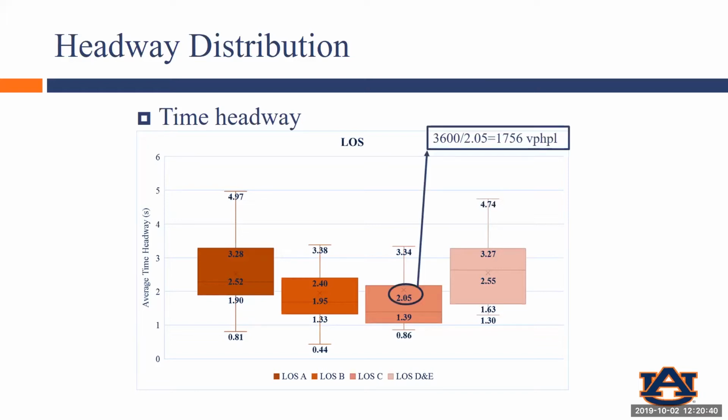If you use the 2.05 headway, you can estimate the flow rate is about 1756 vehicles per hour per lane. That can be considered the capacity for that condition.